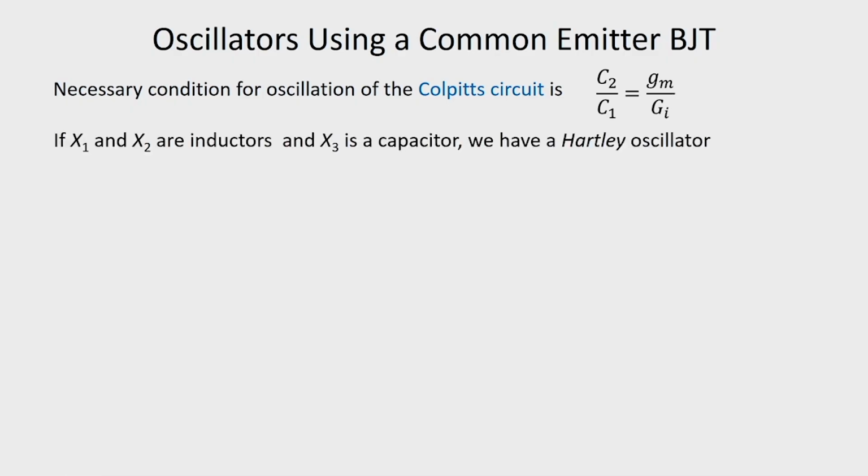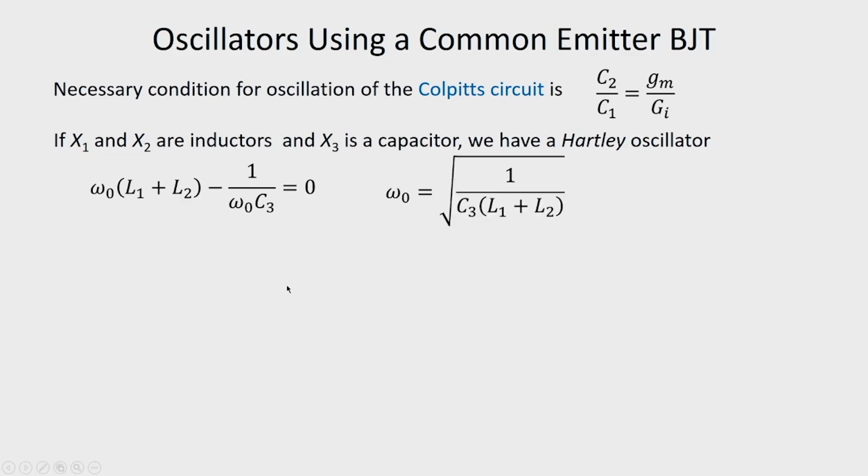When x1 and x2 are inductors, and x3 is a capacitor, we have a Hartley oscillator, and this condition x1 plus x2 plus x3 equal to 0 will now give omega naught L1 plus omega naught L2 minus 1 by omega naught C3 is equal to 0, and omega naught can be found out as under root 1 by C3 into (L1 plus L2).